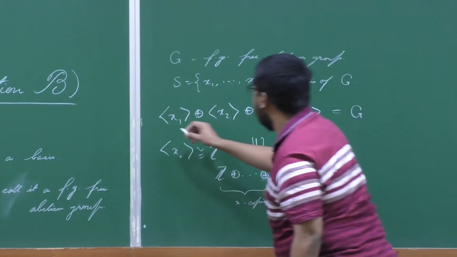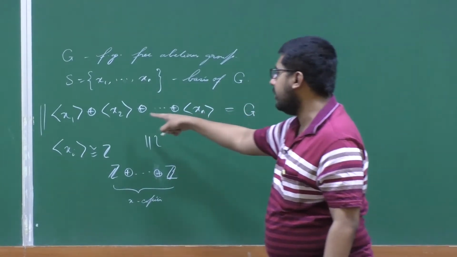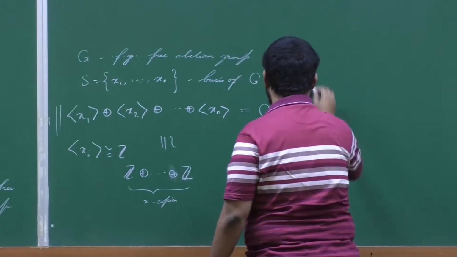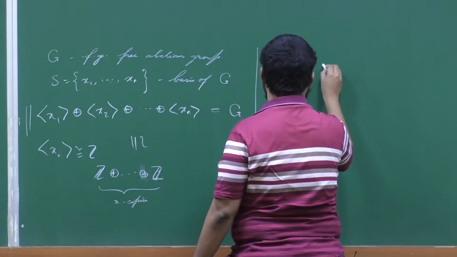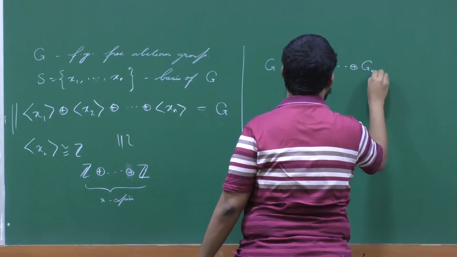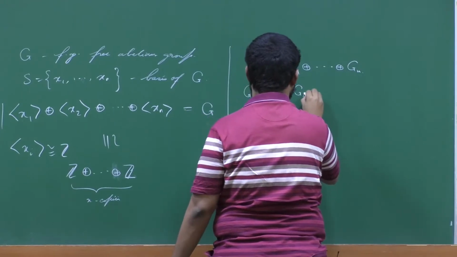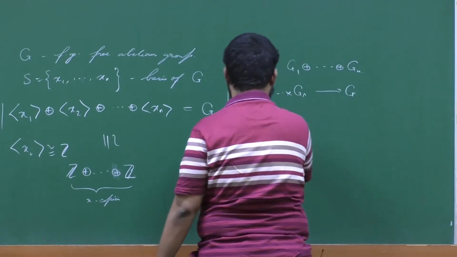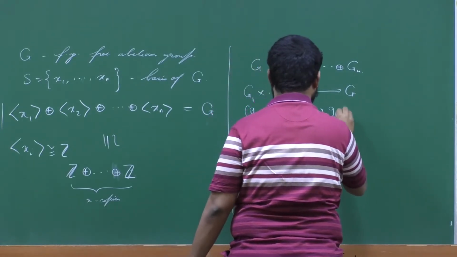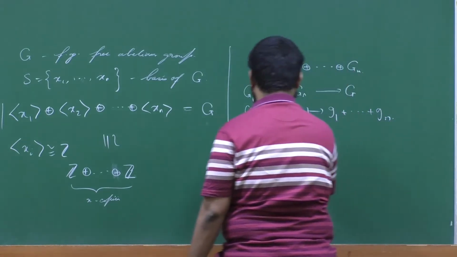let me again remind you what is the meaning of this. Whenever we write that an abelian group is a direct sum, I should remind you that suppose G is an abelian group and it is the direct sum of G1, ..., Gn. When we write this, it means that the natural map from the direct sum of the Gi to G, written in additive notation, is an isomorphism.